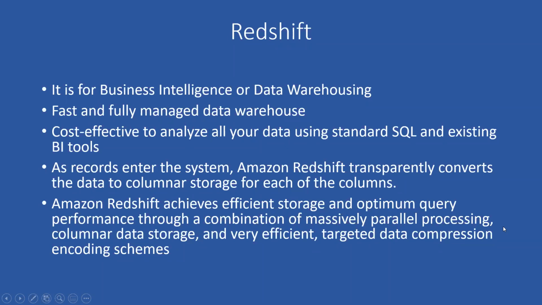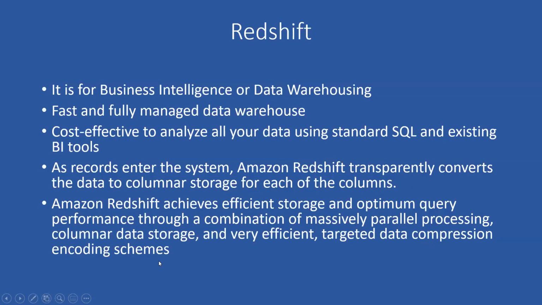Yes, massively parallel processing. They will spin up several parallel threads and divide the workload across all of them. In addition, they also use columnar data storage for shrinking the data, and very efficient targeted data compression encoding schemes.